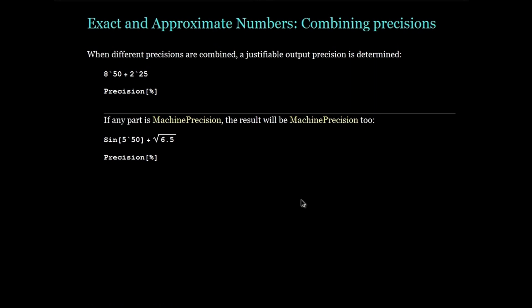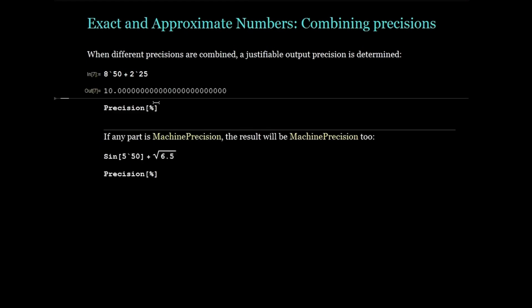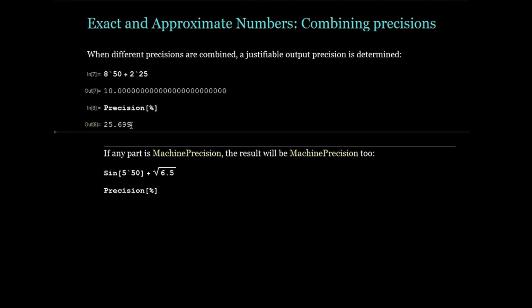When you combine numbers with different precisions, Mathematica determines the result to the best justifiable precision. In this case, adding the number 8, known with a relative error of 10 to the minus 50, to the number 2, known with a relative error of 10 to the minus 25, leads to the number 10, known with a relative error of 10 to the minus 25.7.